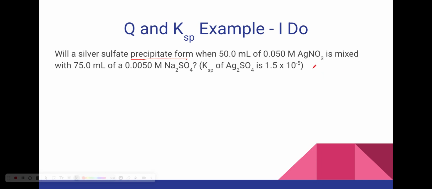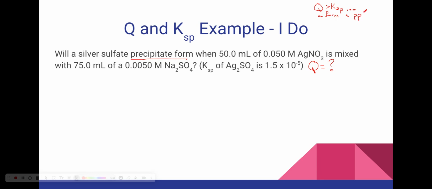In order to determine whether or not something's going to precipitate, we need to find Q. So ultimately, we're looking for Q. And the reason we're looking for Q is because if Q is greater than the KSP, we know that the ionic compound will form a precipitate.